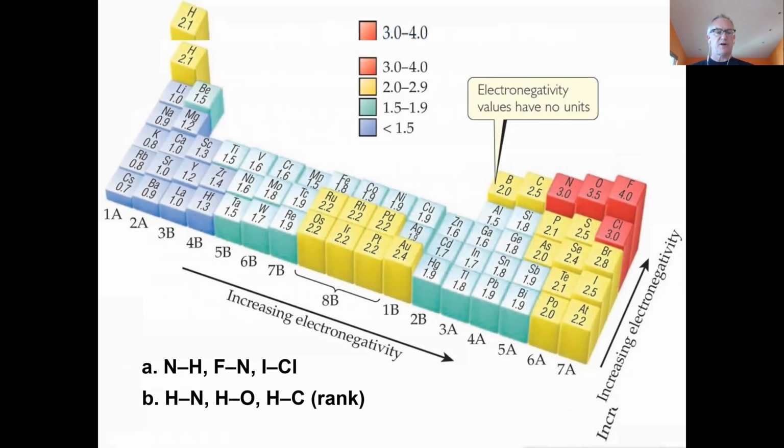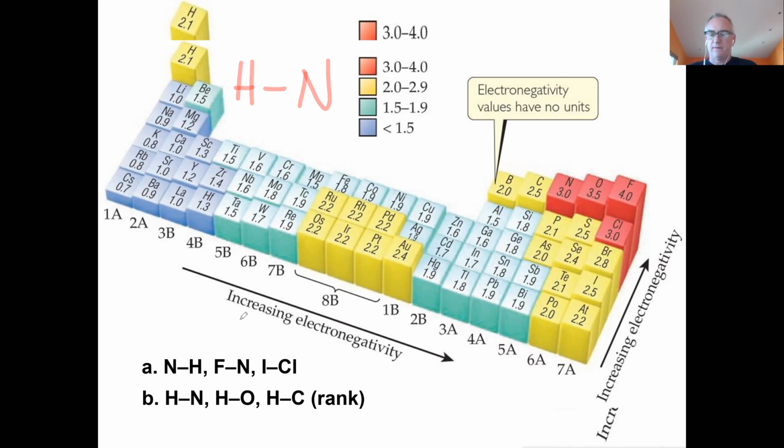So starting with nitrogen, hydrogen. We'll just draw it. Use a different color. Here we go. Here's a nice color. So I've got hydrogen, nitrogen. Which way should that arrow be pointing? Who has a higher electronegativity? Hannah, left.